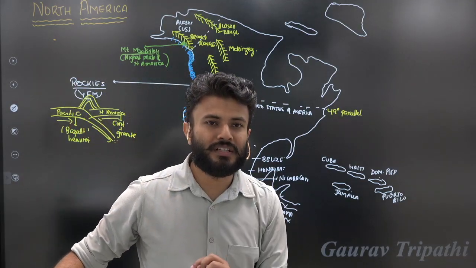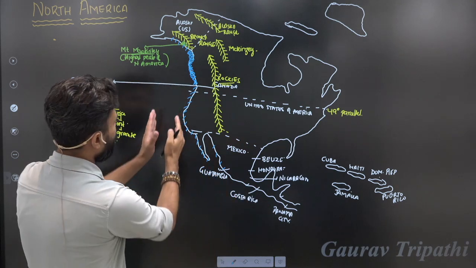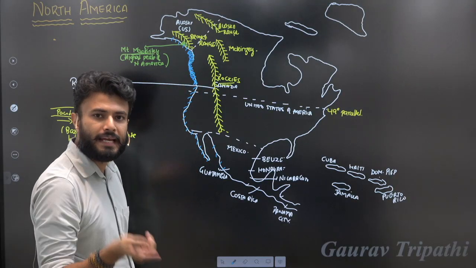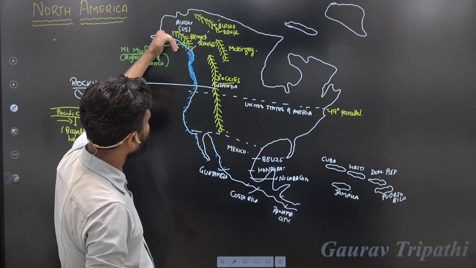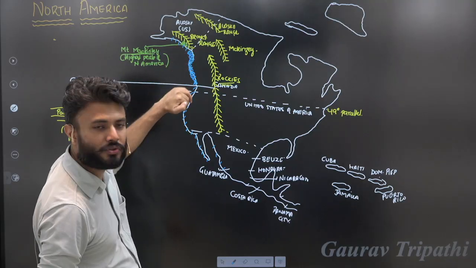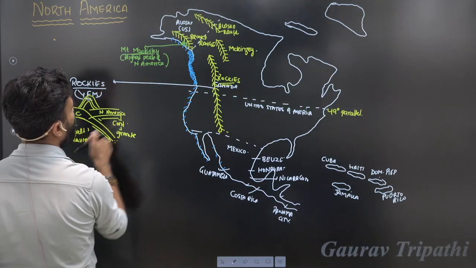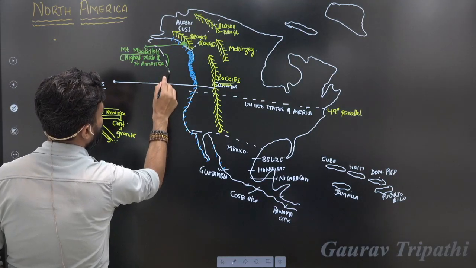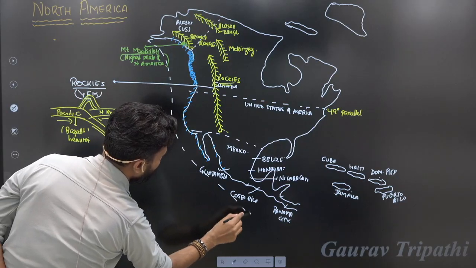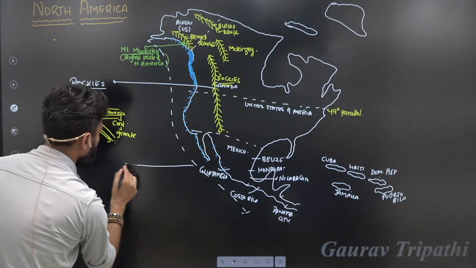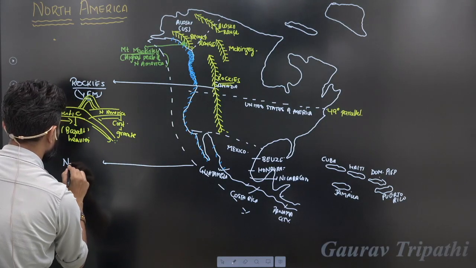Also, you will see a very narrow width of light blue color towards the west of this coast. It tells us that this entire western coast of North America, starting from here and going till here, is basically an example of a narrow continental shelf.